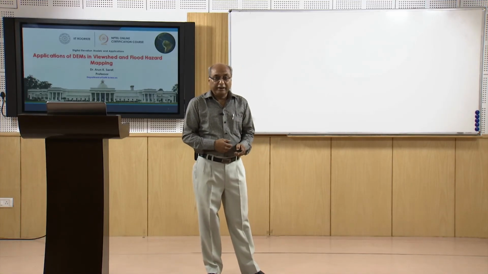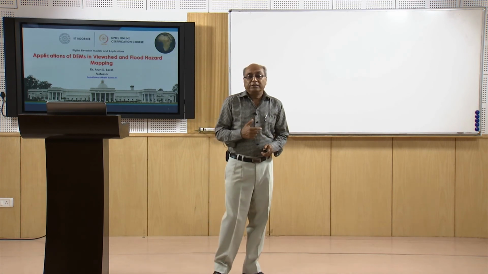They can analyze. Also when somebody is constructing observation towers, maybe in a forest area or a mining area or for security purposes or for telecommunication, then this Viewshed analysis can play a very important role.